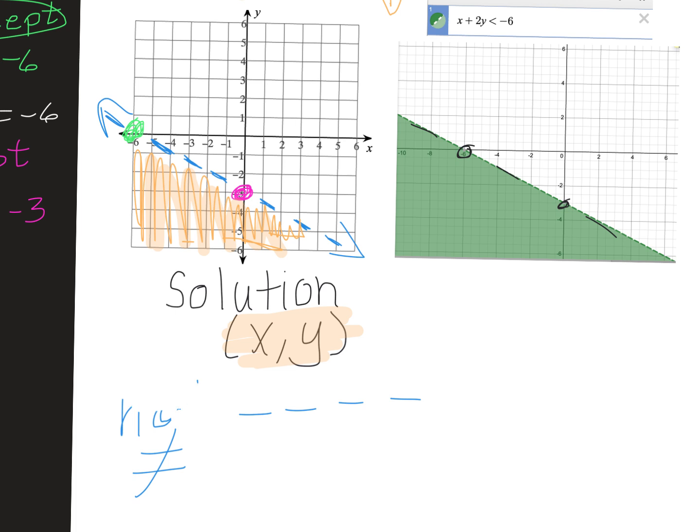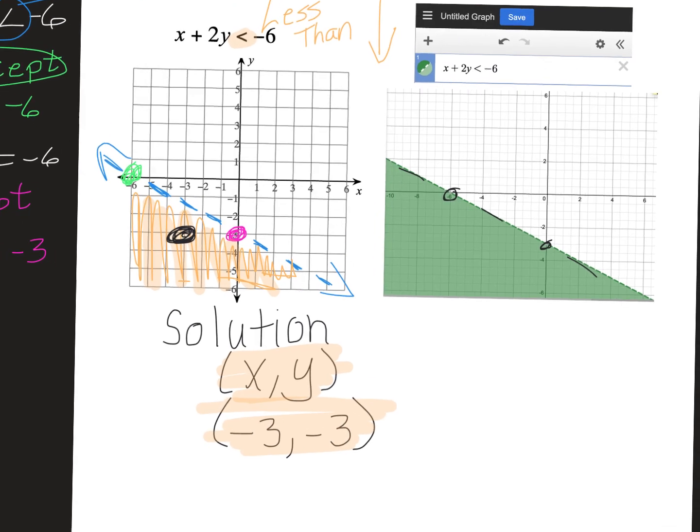So this time, the only solutions available for me to choose are the ones in the shaded region. I'm just going to choose one at random here, and I'm going to label it as -3, -3. But again, you could have had a different solution, even though there's more than one right answer.